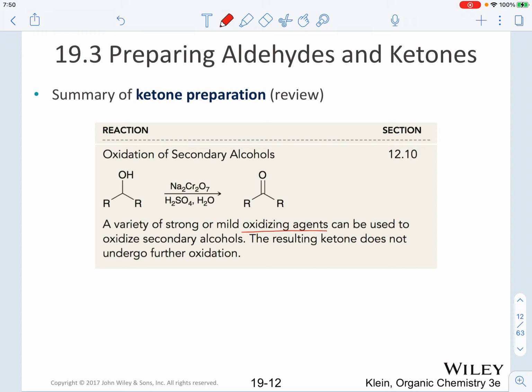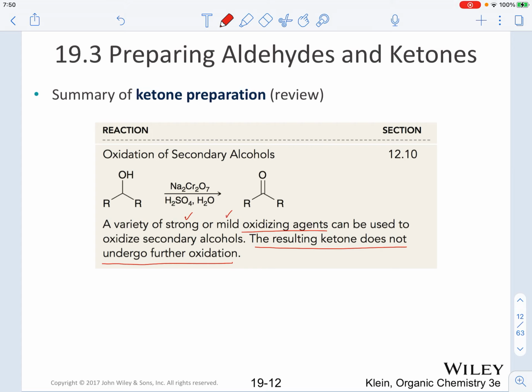It doesn't matter if you utilize mild or strong oxidants, they both result in the formation of a ketone. So remember, because ketones do not undergo further oxidation, there is not a particular or specific oxidant that is going to be preferred.